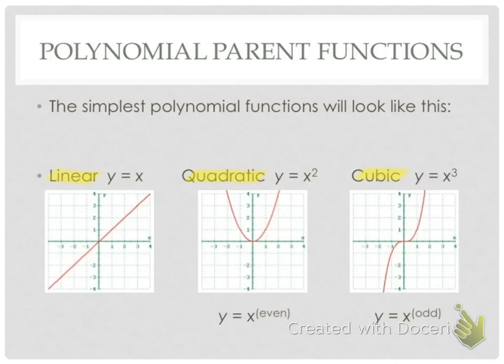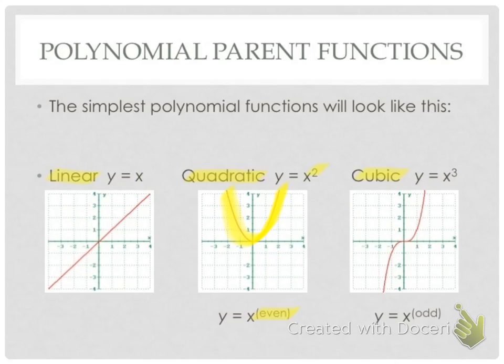What's interesting though is the quadratic function with that 2 as the exponent. That actually leads us to a more general situation where if any even exponent is on our x, we're going to get a graph that is similar to this. Probably something parabolic. It's going to behave very much in the same way as what the quadratic does.